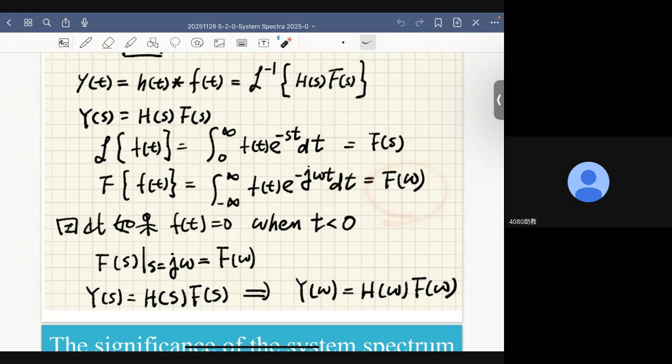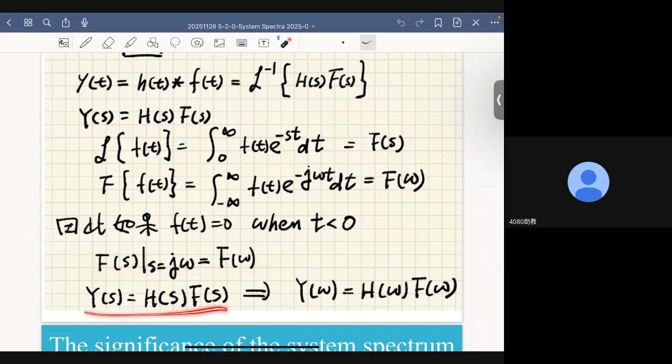And if you recall, we told you that if the input is a causal signal, and if I replace s by jω, I can actually convert the Laplace transform directly into the Fourier transform.